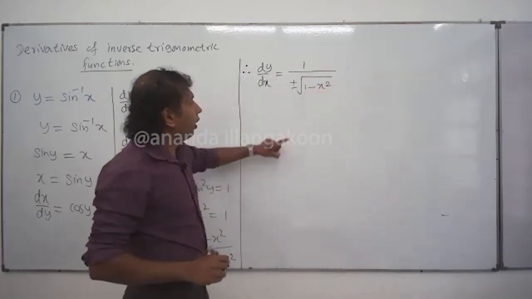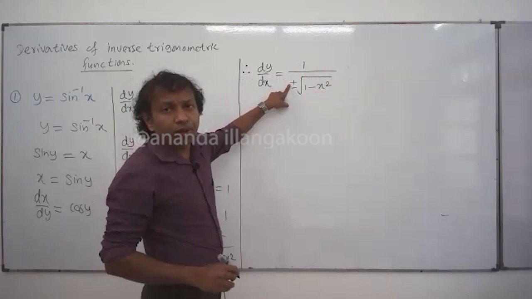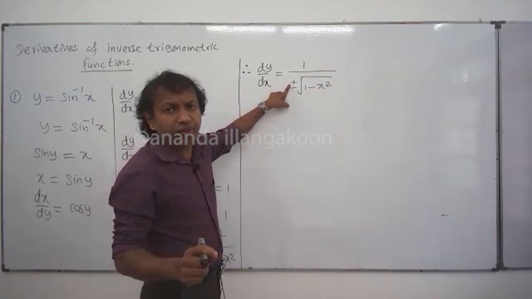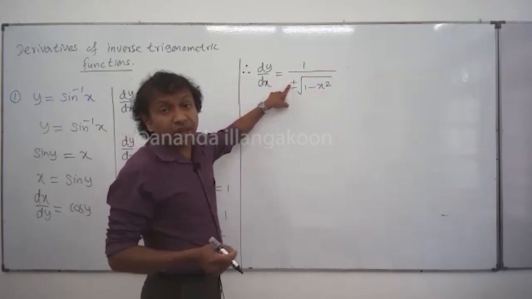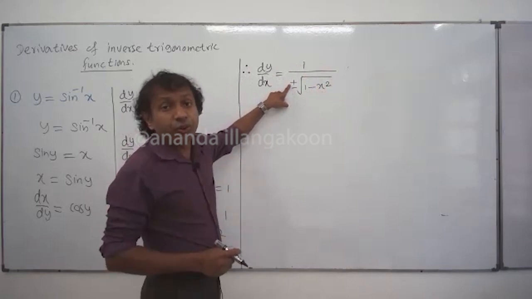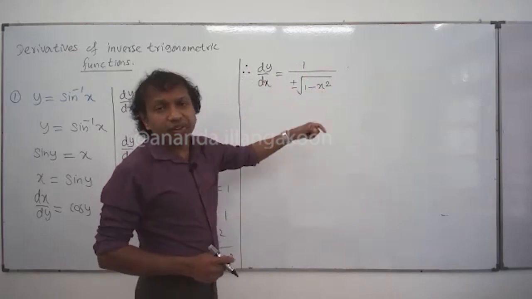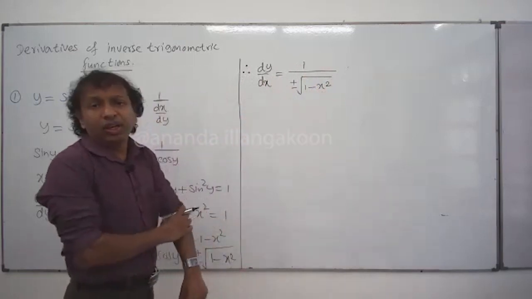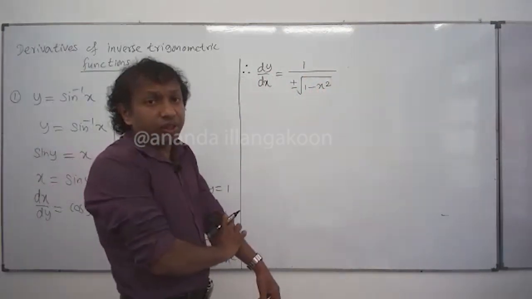Here, people, out of this plus and minus, we select the plus sign. The reason we can explain: in the sine inverse x graph, which we didn't draw in the trigonometry, in the second part of trigonometry we discussed that. When we draw the sine inverse x graph, in its principal part its gradient is positive, therefore we select the positive sign. The reason we will understand when we do the second part of trigonometry, when we draw the graphs.